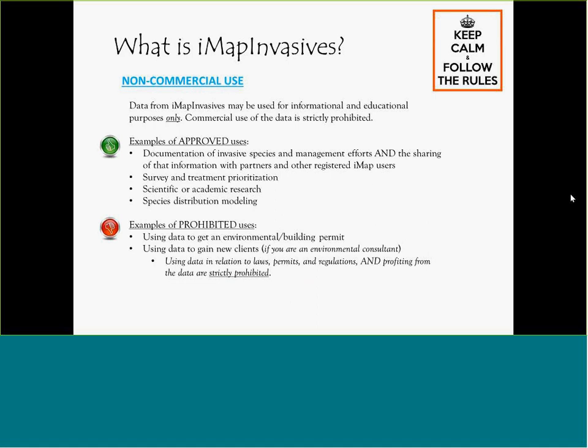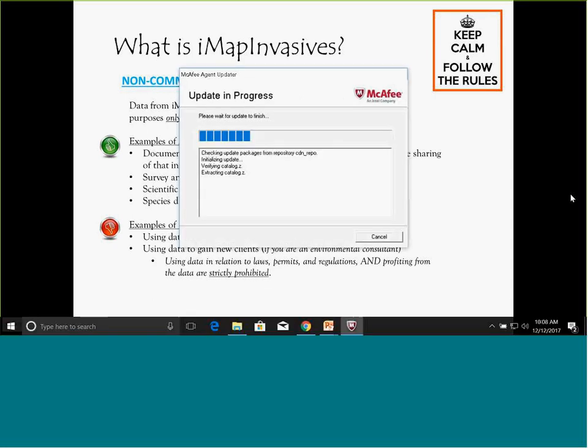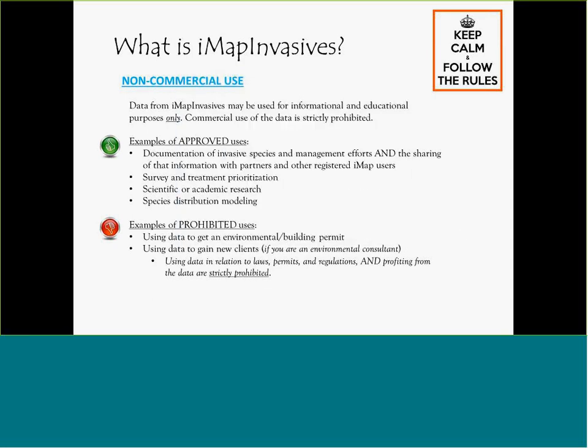I want to point out, because sometimes people aren't always aware of this, iMapInvasives was designed and created for non-commercial uses only. The purpose is to help promote educational and informational purposes, and commercial use is strictly prohibited.